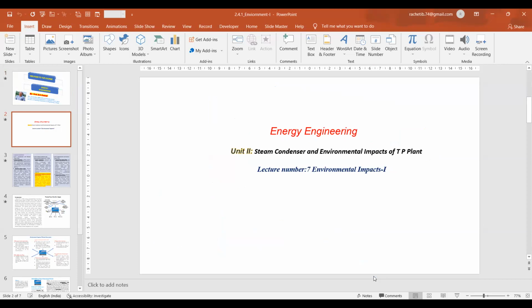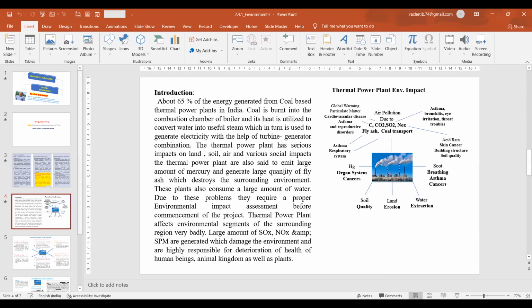Before starting the new topic, let us have some brush up of the last class which we have discussed. We saw the environmental impact, how the thermal power plant affects the surroundings.